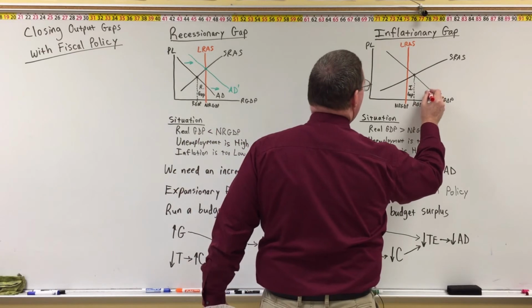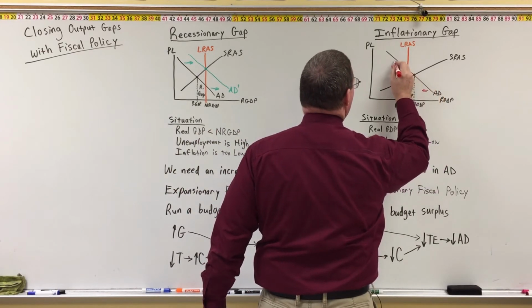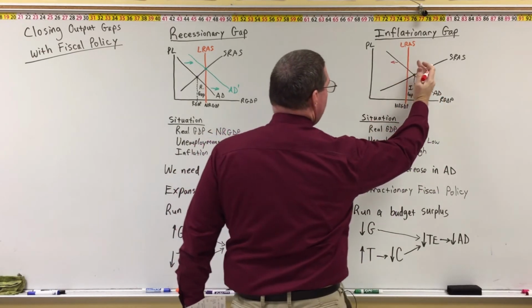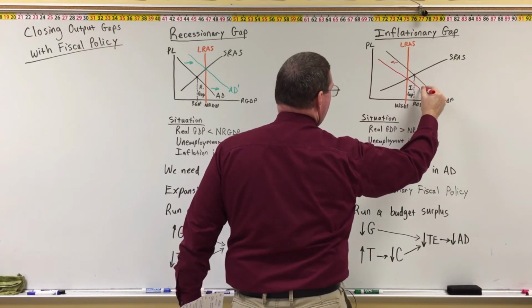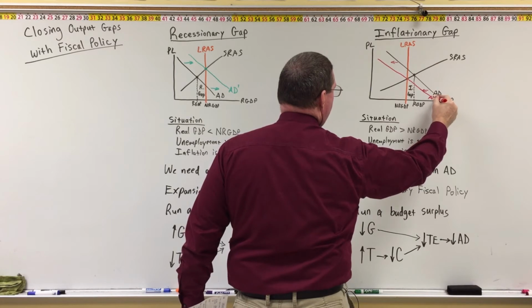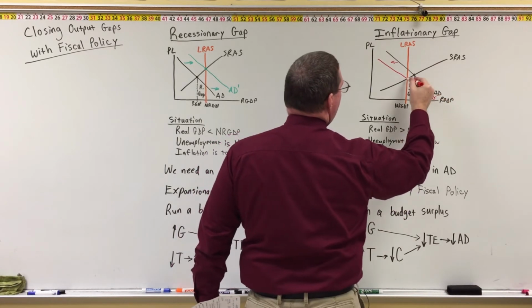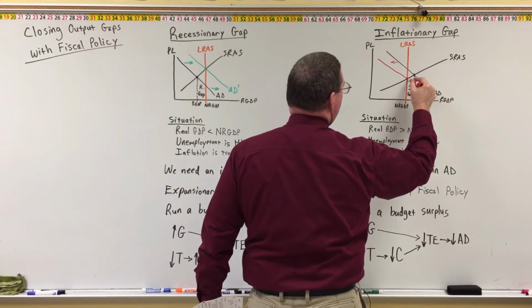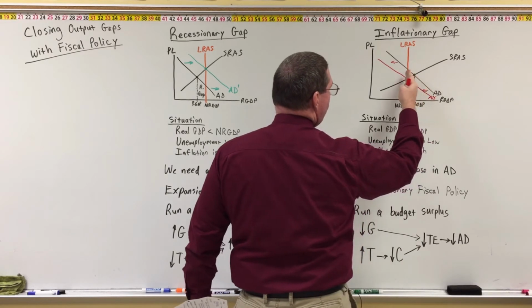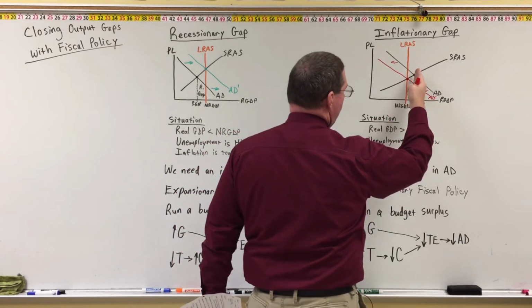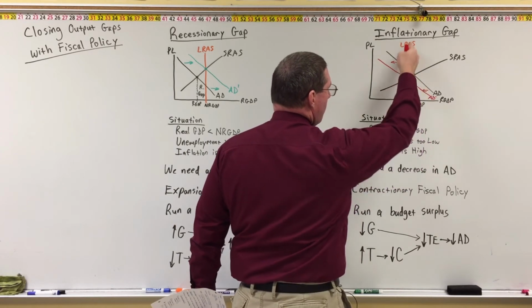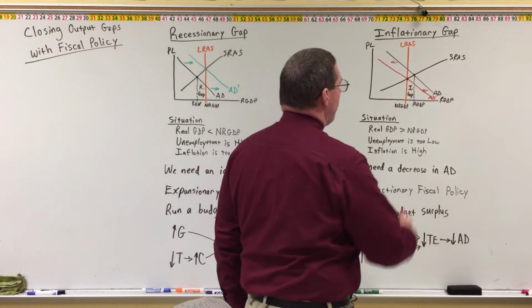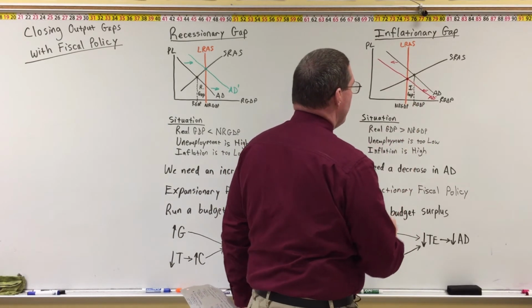So I'm going to put a left arrow here and a left arrow here. And our aggregate demand curve is going to move to the left. Oops. And we'll call that AD prime. And the new short-run equilibrium will go leftward and downward, but mainly we care about leftward, so that short-run aggregate supply meets up with the long-run aggregate supply curve, and we are now in long-run equilibrium.